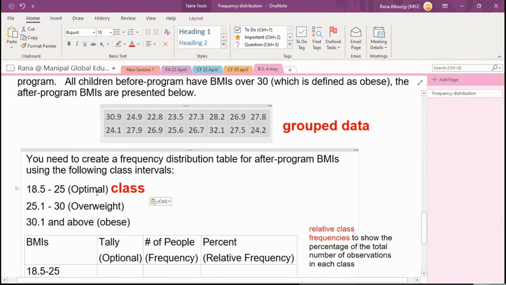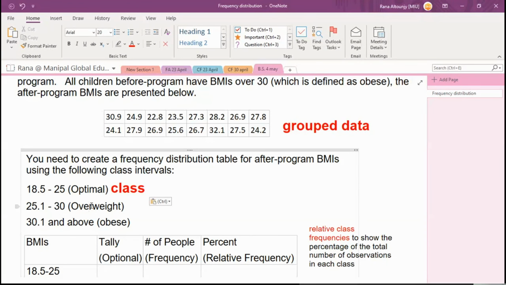When we have a group, we have upper limit and lower limit, which means we need to put under this category all the people with BMI between 18.5 to 25, which is considered optimal. In the second group, all people with BMI between 25.1 to 30, which is considered overweight. In the third, all the students who are 30.1 and above, which is considered obese.